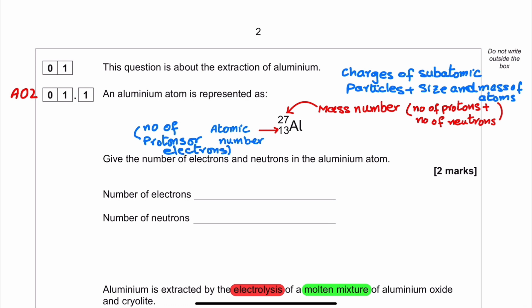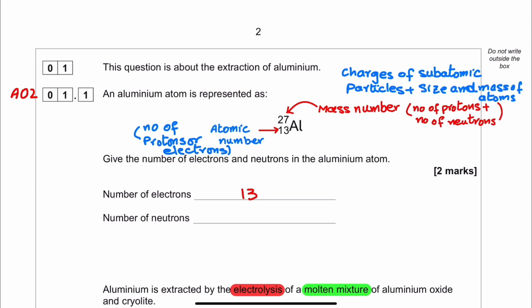27 is the mass number, which is the number of protons plus the number of neutrons. From here we can say that the number of electrons is 13. If you want to find the number of neutrons, we need to subtract the smaller number from the bigger number.